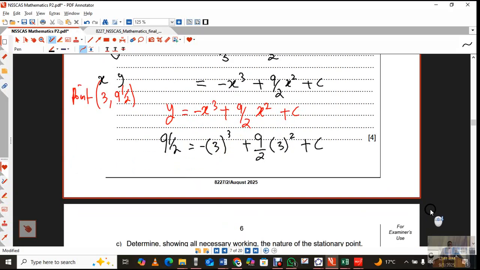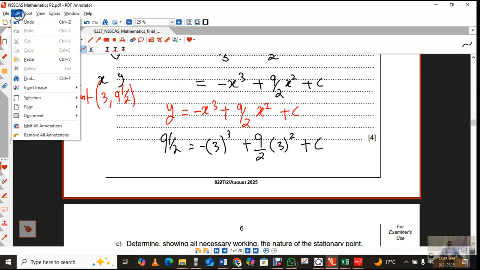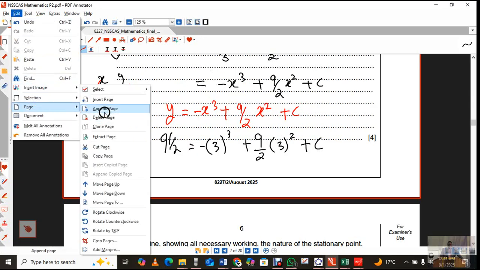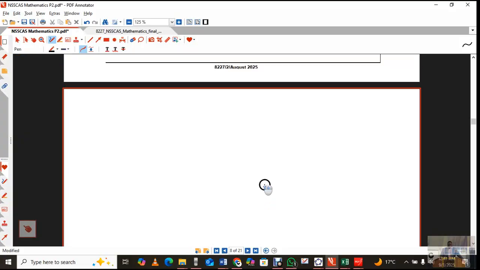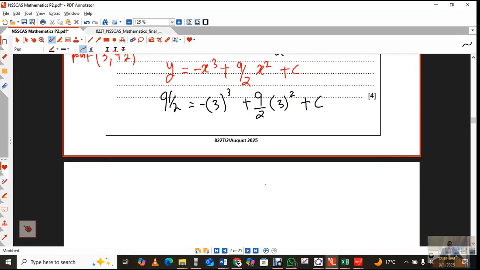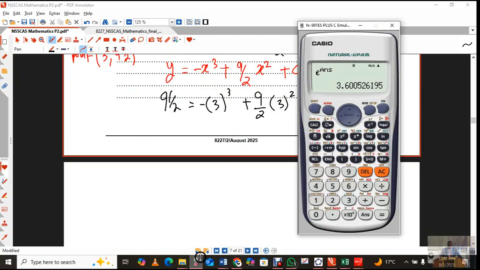Want to see what our value is. If you were to use your calculator, we use this to bring in the mixed numbers. So there's nine and 1 over 2. This over here becomes nothing but negative 27. Is it negative 27? Yes, negative 27.